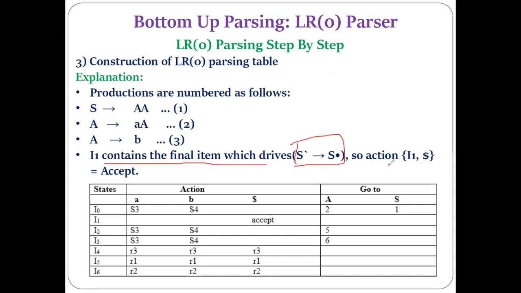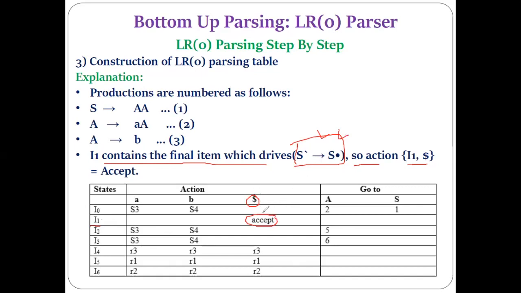So regarding that particular I1 state, we have to make the entry in the action part under the $. With the I1 state under the $, you have to mention accept. What is the reason behind that? I1 contains the final item.